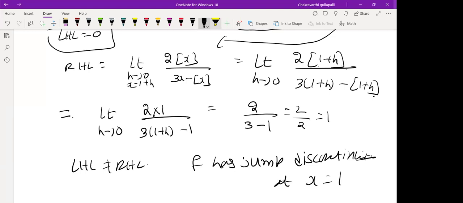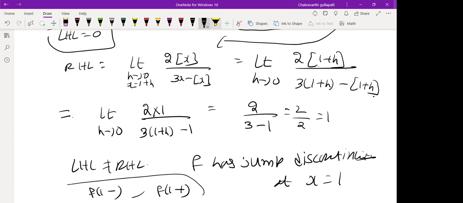You may say, madam, we can conclude directly from here itself because box x is discontinuous at 1. Sometimes it may be so, depending on the question, but better you do it. Sometimes you will not be asked to test whether it is continuous or not. You'll be asked to find, for this function, what is f of 1 minus, like in the previous question they asked 1 plus.